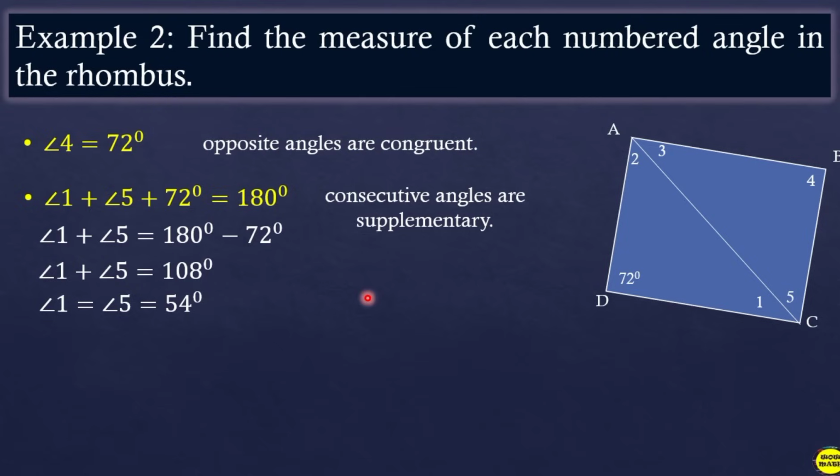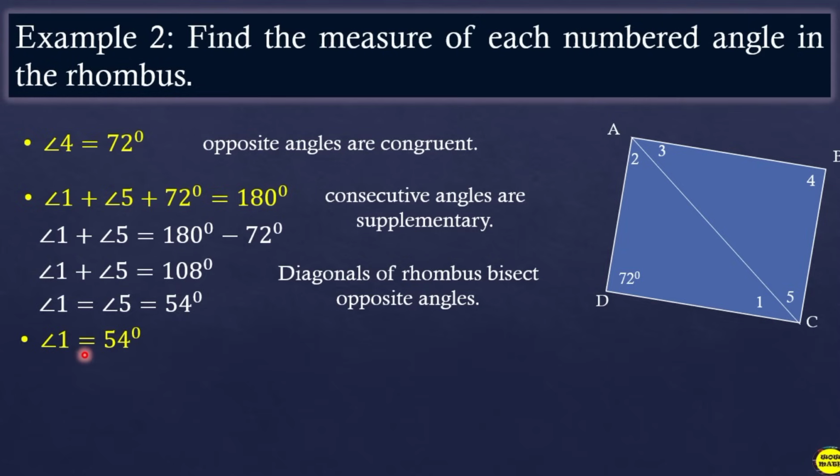So, pareho silang tig-54 degrees. So, angle 1 is equal to 54 degrees and si angle 5 is also equal to 54 degrees. So, pareho lang siya.